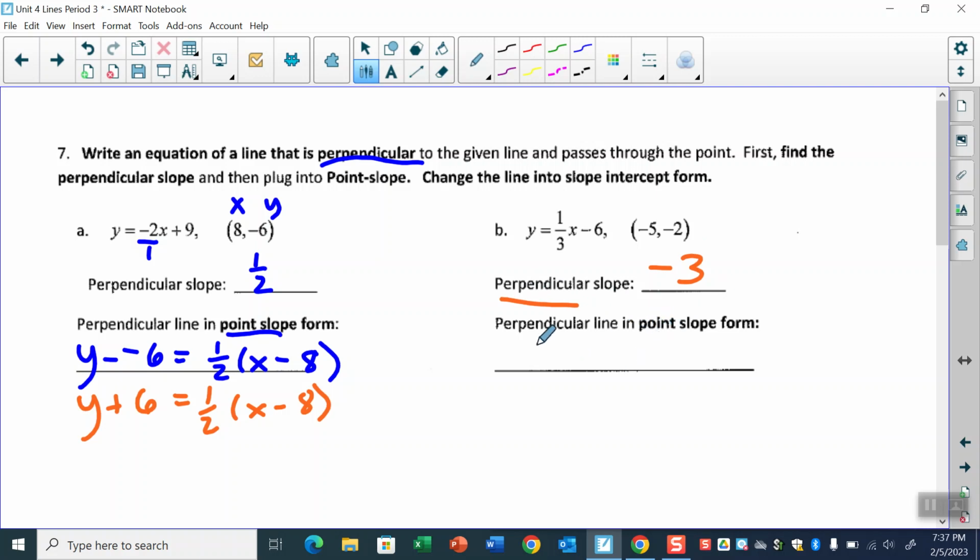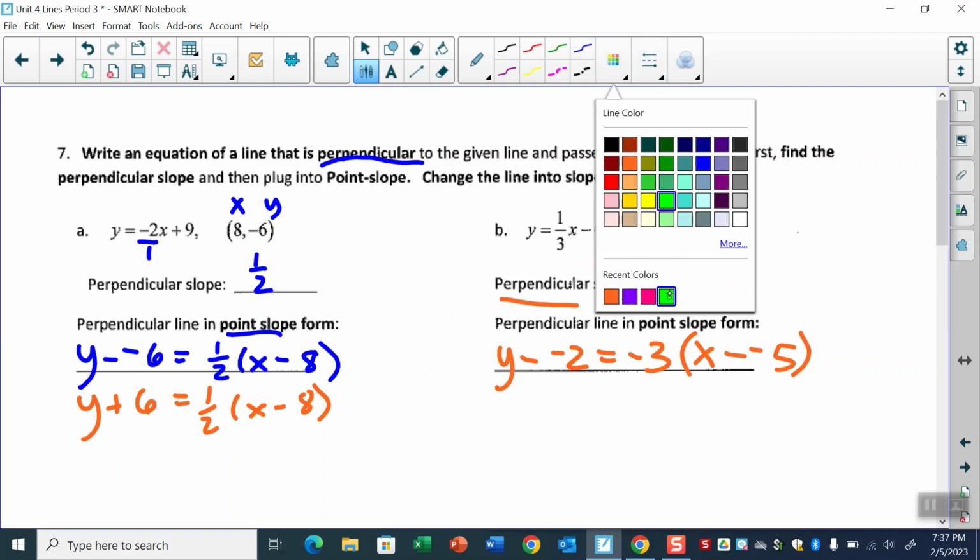And so it's going to be y minus negative 2, slope times x minus negative 5. Right? And then I've got to tidy it up. Minus minus. Minus a minus. Boom.